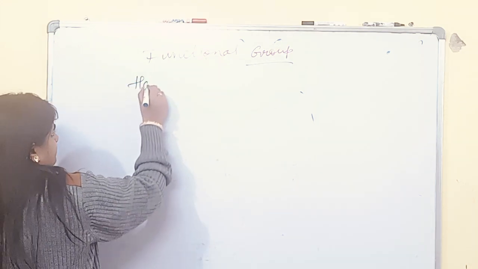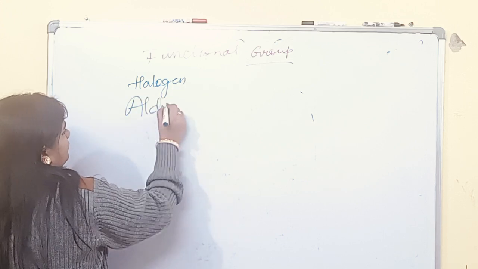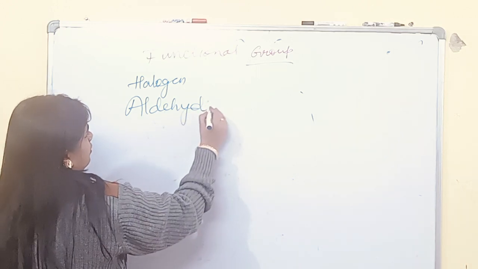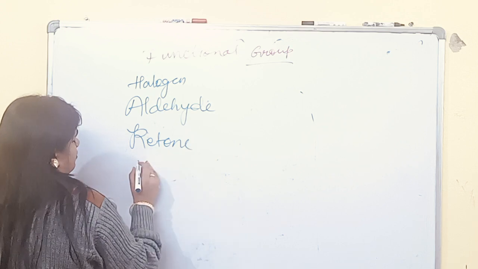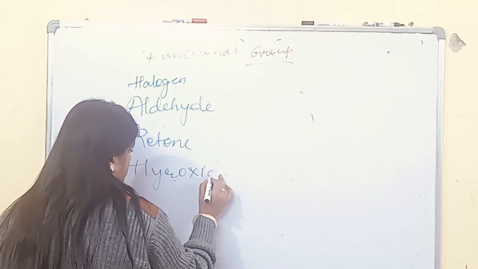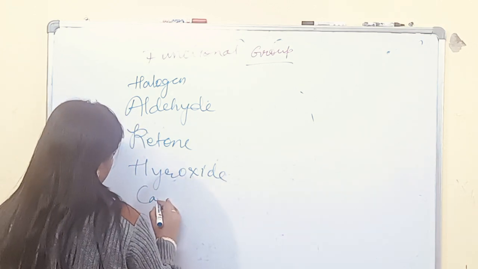The halogen, aldehyde, ketone, hydroxide, and carboxylic group.